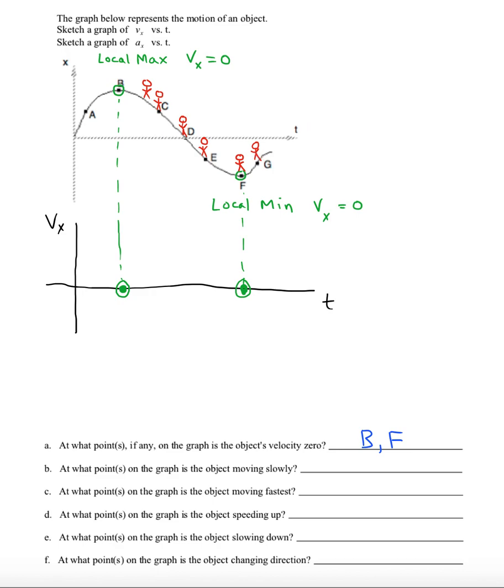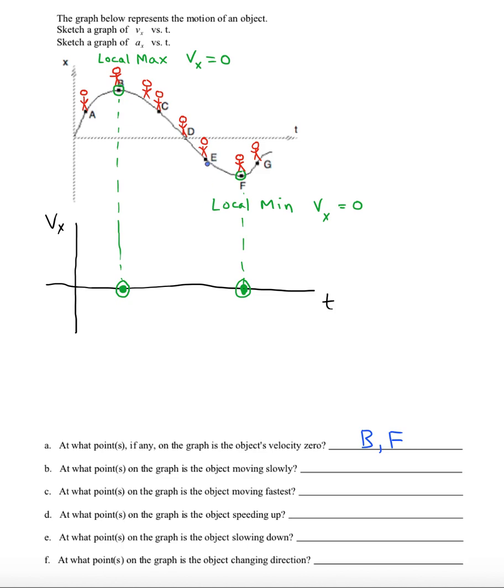And the less steep it is, the slower the speed. So out of all the given points, A, B, C, D, E, F, and G, where does it look like we're on a hill which is not steep? We can't be at a valley or a peak, because then we wouldn't be moving at all. But we're looking for a place where the hill is very gradual. It's got a low, small slope. That would be places where we're moving slowly.